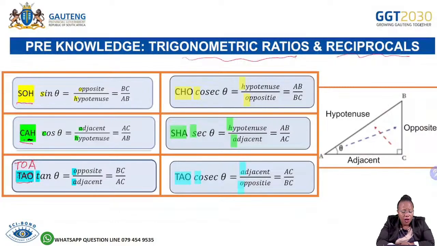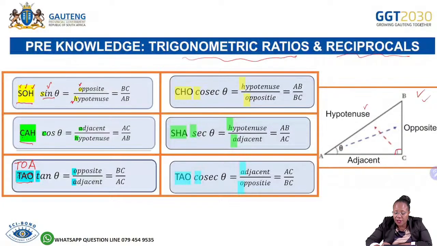And then now, if you are looking at SOHCAHTOA, what does it mean? S stands for sine. So we mean sine theta. It will be equal to the opposite over the hypotenuse. As you can see, sine is equal to opposite over hypotenuse. And now, if we are referring to our triangle there, remember I indicated lastly that your hypotenuse will always be opposite the 90 degrees angle.